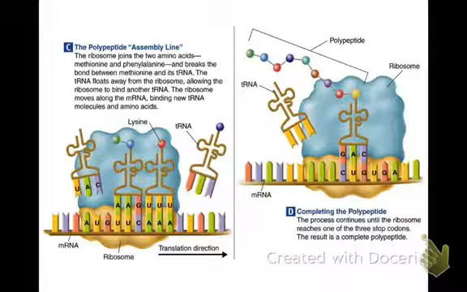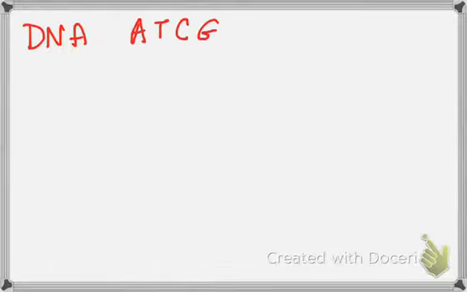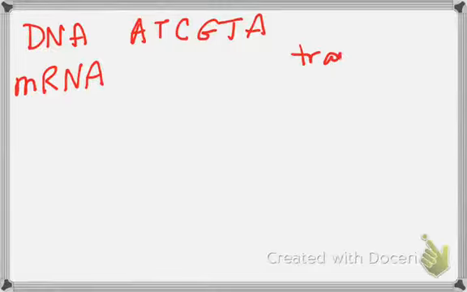So our steps go like this: we have DNA. If we have a DNA strand, let's do a real quick example. We're going to make mRNA from this. This is called transcription.